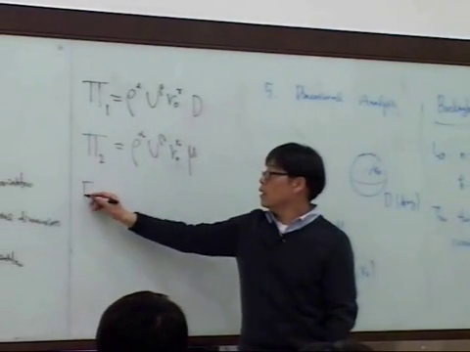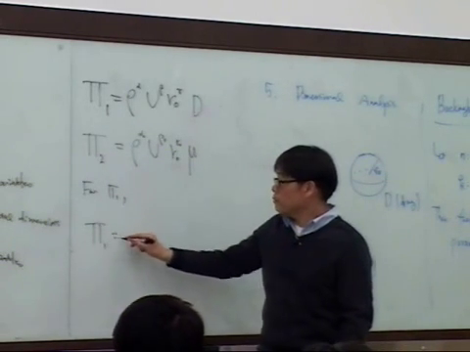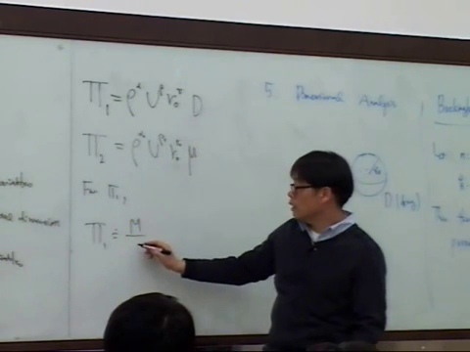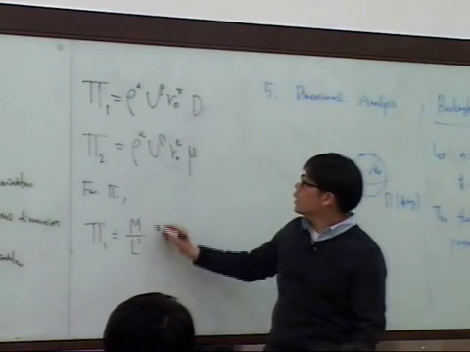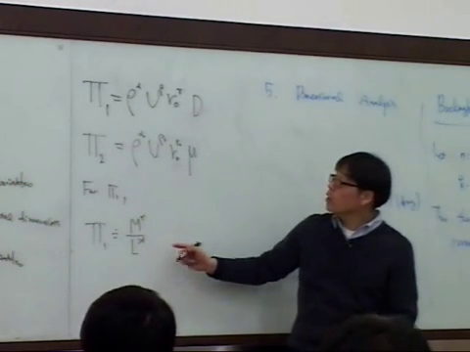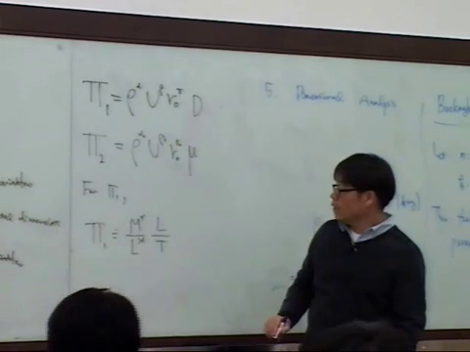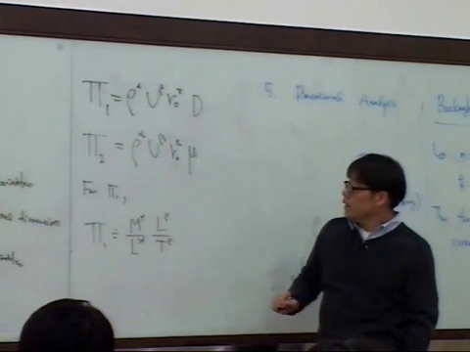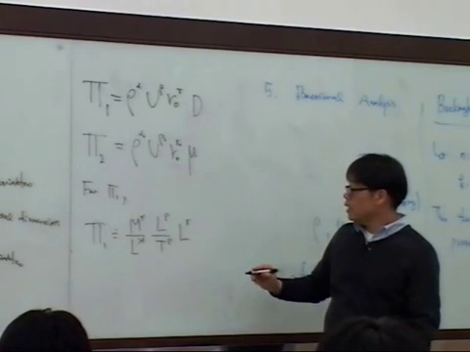So for pi 1, I write the dimension of each one. We already know the dimension of rho. The dimension of u is L over T, raised to beta here. The dimension of R naught is L to the gamma.